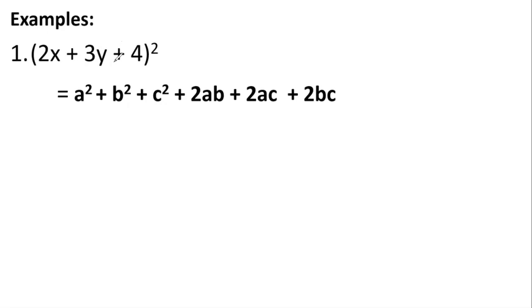Now, since we are squaring a trinomial, let us use the pattern a squared plus b squared plus c squared plus 2ab plus 2ac plus 2bc. And substitute natin, identify natin si a, we have 2x. Our b is 3y.